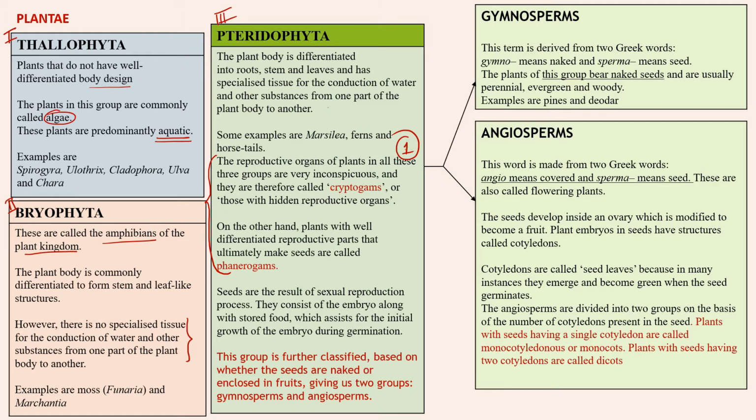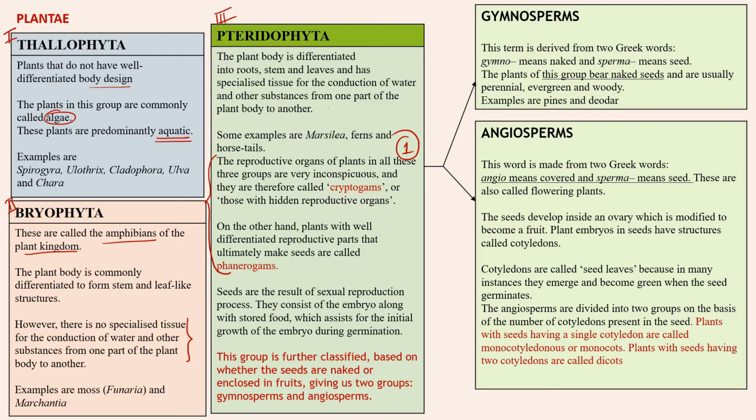On the other hand, the plants with well differentiated reproductive parts that ultimately make seeds are called phanerogams. So based on this criteria, if the reproductive organs are hidden, they are called cryptogams, and if they are well differentiated, they are called phanerogams.